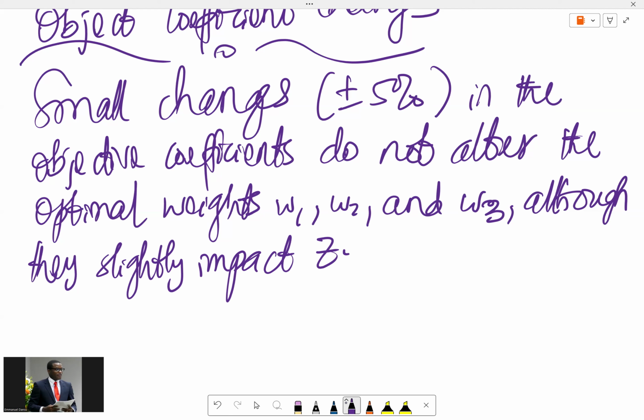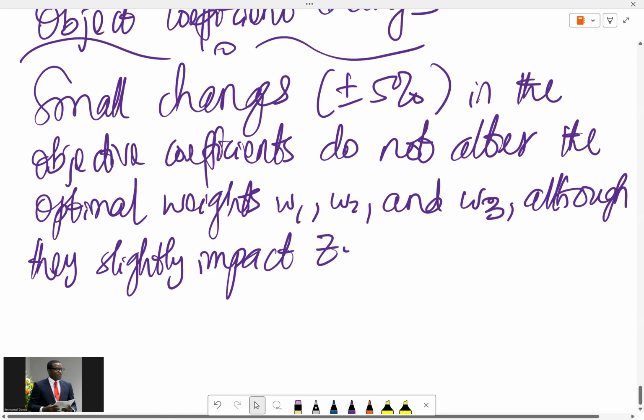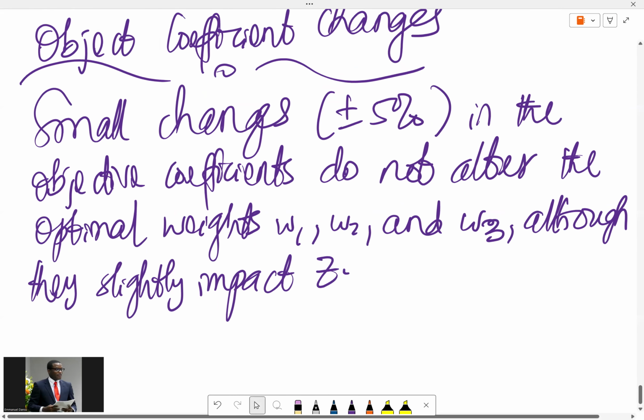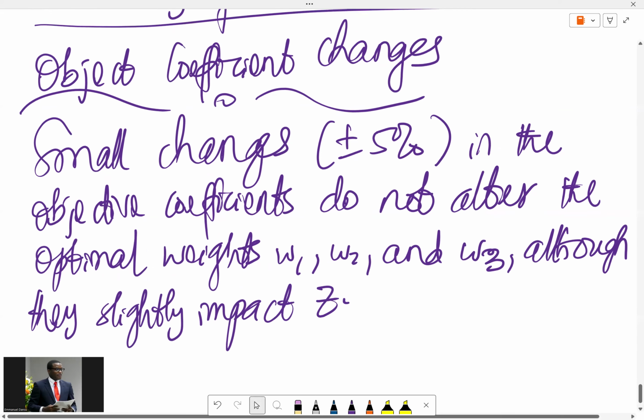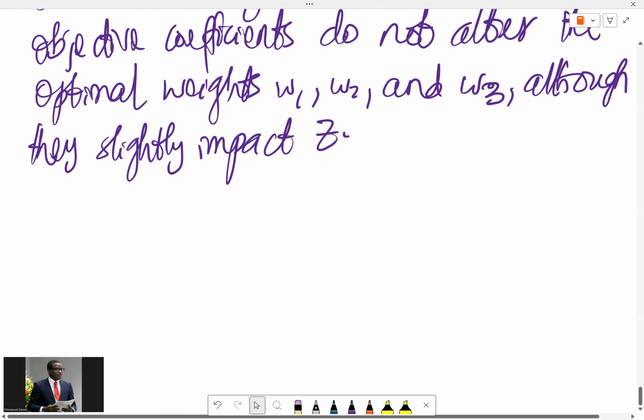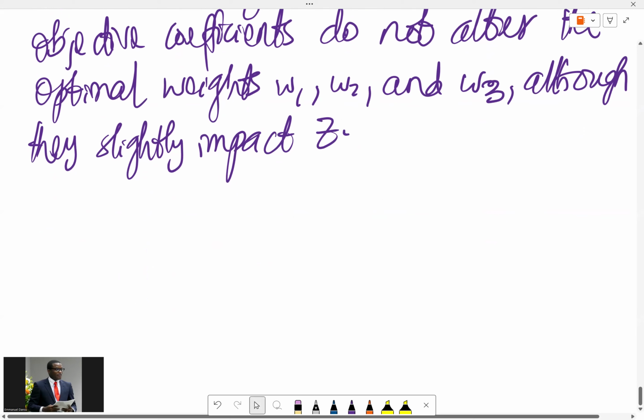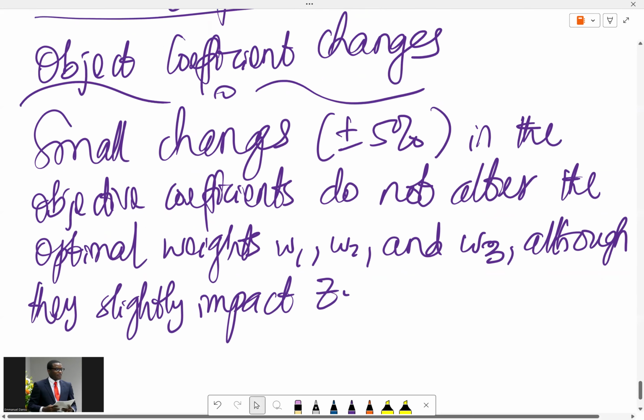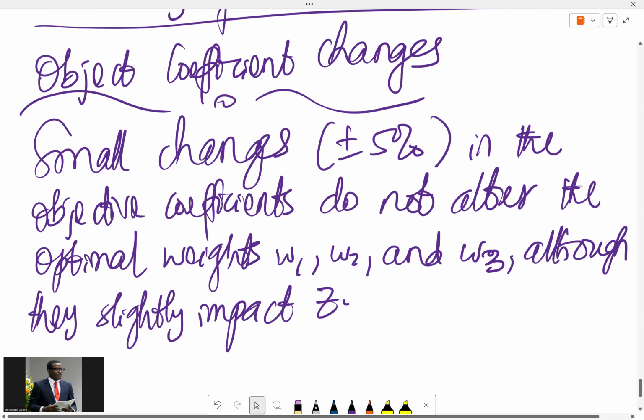The major thing is once you set up the new situation, you use the simplex method to get a new optimal solution, and then compare it with the optimal solution of the original situation. Basically, that's the whole idea of sensitivity analysis.